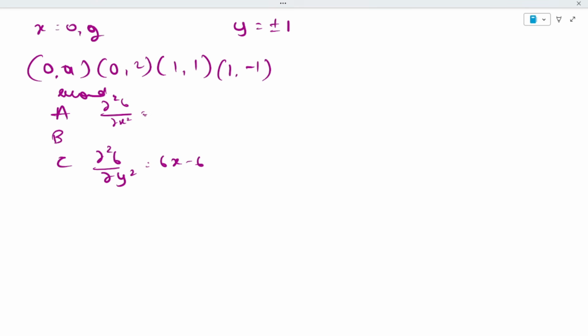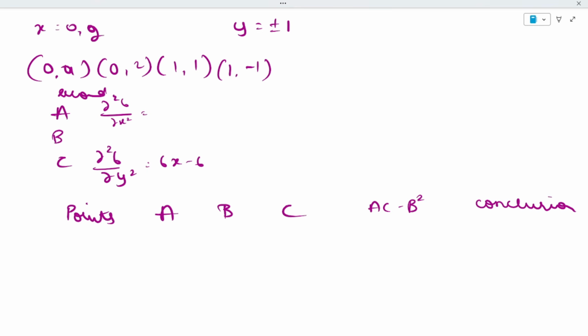Again the same points you have to find out, and then next is A, here it is B, here it is C, and now the value is AC minus B square, right?